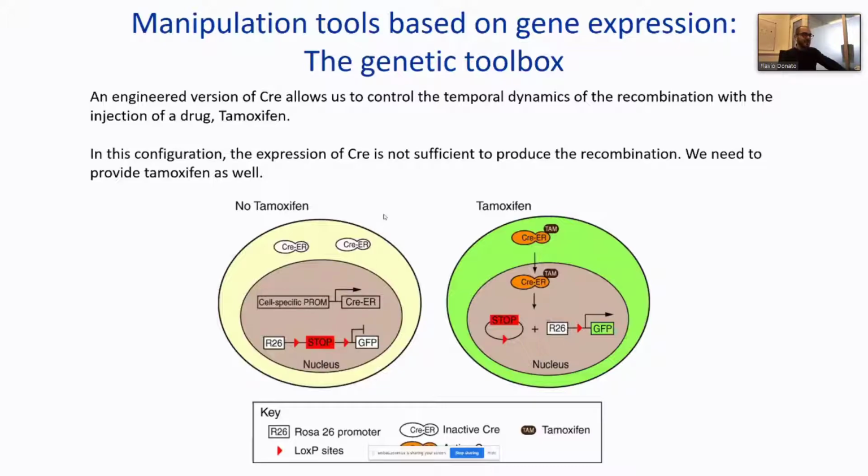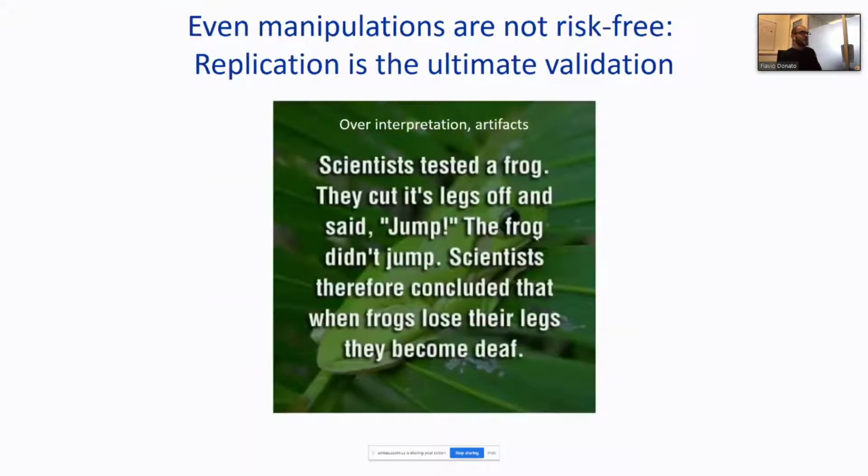First of all, is this clear? Because this is really going to be important for you to understand how we found the engram. We, neuroscience, I mean. All right. The last thing that I want to say, and send you in the lab with this printed in your brain, is that even manipulations are not risk-free.